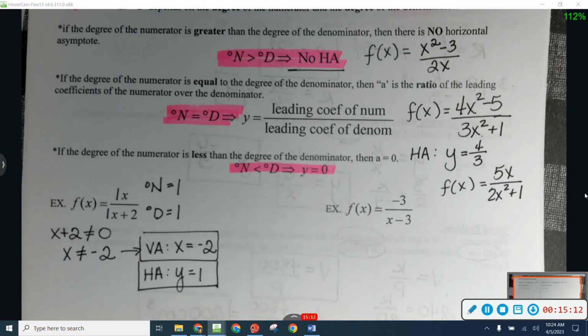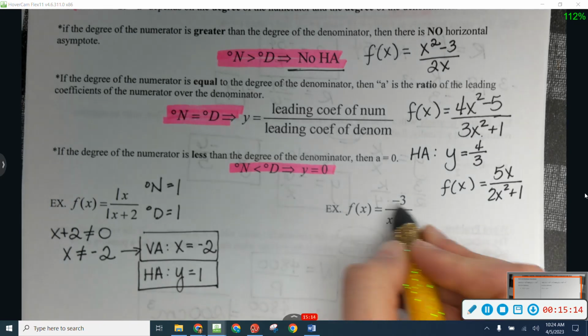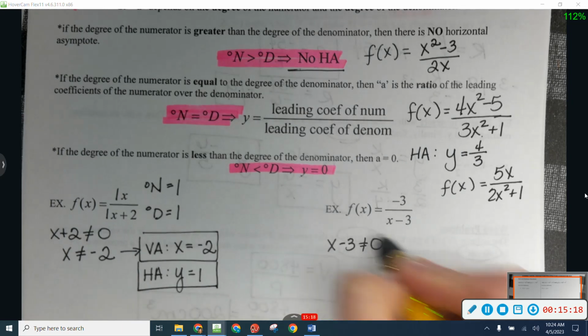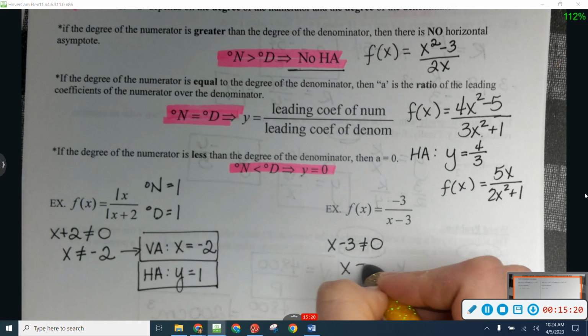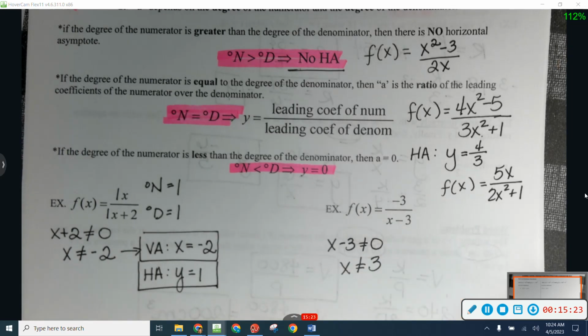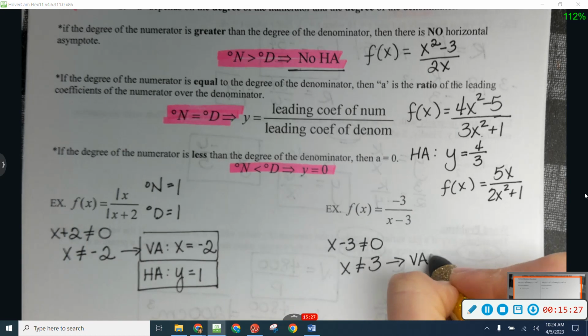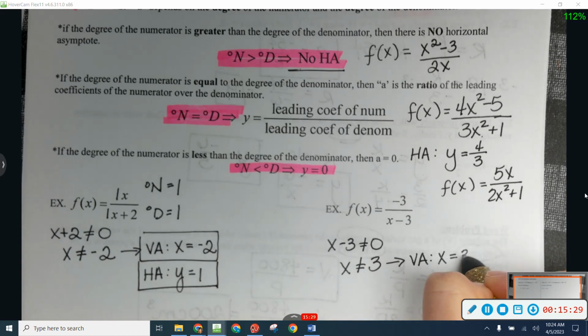Now for the next one, I've got f of x equals negative 3 over x minus 3. X minus 3 cannot equal 0. So x cannot equal 3. Which leads me to my vertical asymptote being x equals 3.